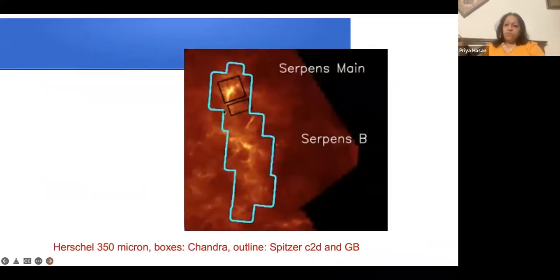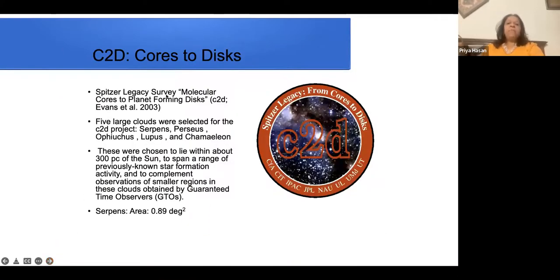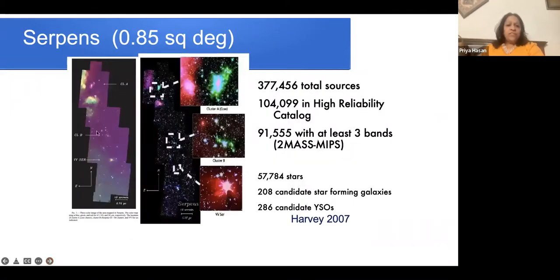This is the region which we are studying, the Serpens Main region, which has been well studied with Herschel, as well as Chandra and Spitzer. Spitzer has its C2D survey, which was done for an area of 0.89 square degrees. It found the region, this is the region in Serpens Main, and this gave us a sample of 286 YSOs, given in Harvey 2007.